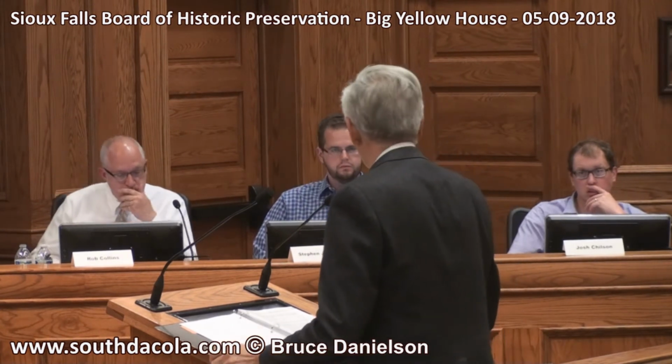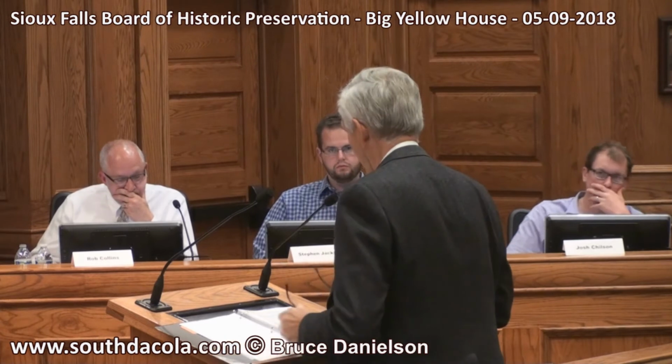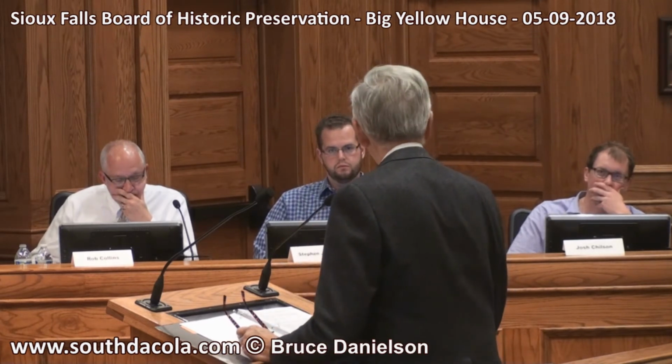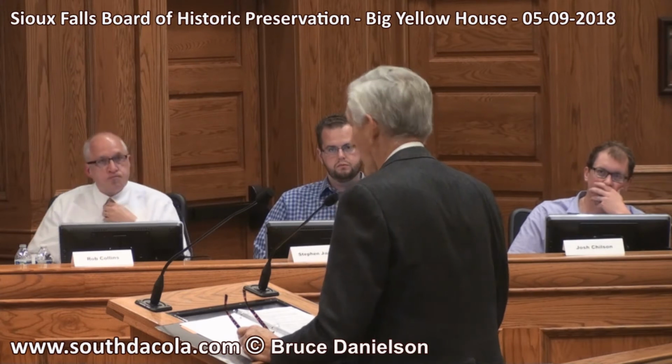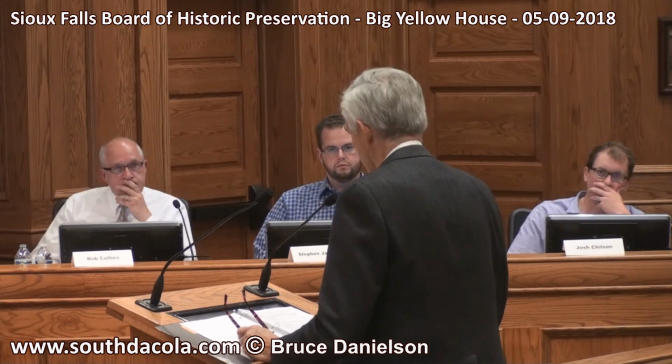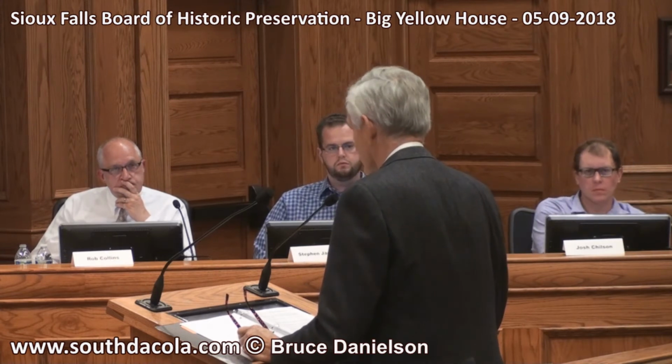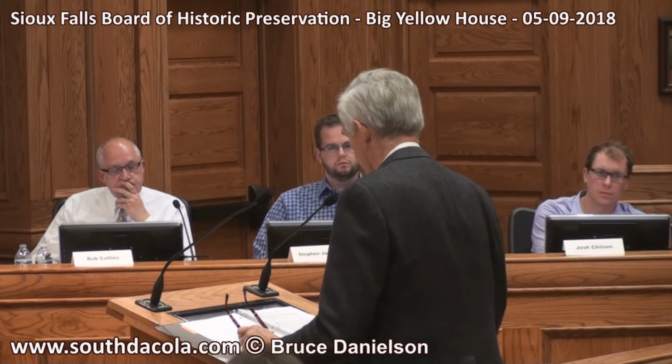So even though they've reduced the roof by 8.5 feet, the visual appearance of the new construction, in my expert opinion, still dominates and is a distraction to the McDowell house. So that's item number 1.